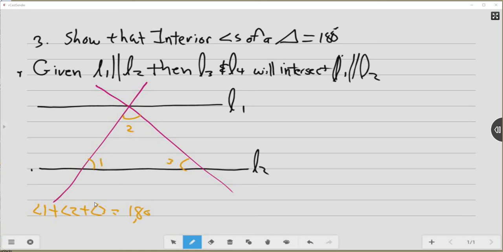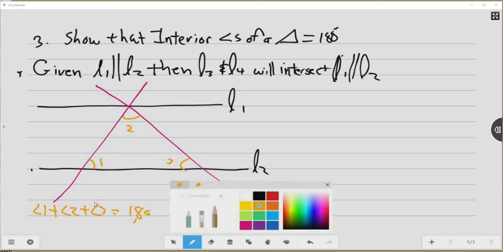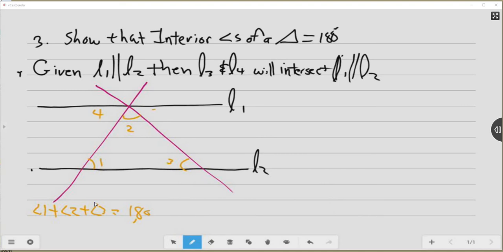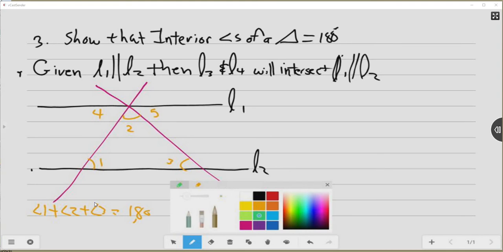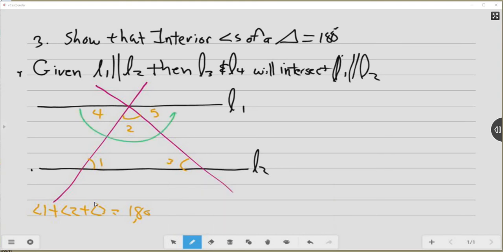Okay, here we go. And now I'm going to simply label this one 4 and 5. Okay, and I'm going to draw a green arrow like this. So my first argument is that L1 is a straight angle.